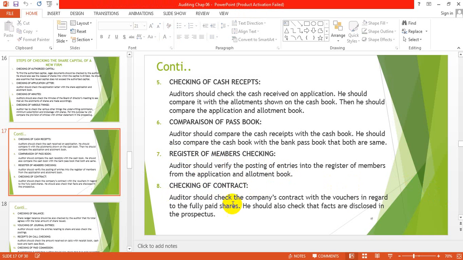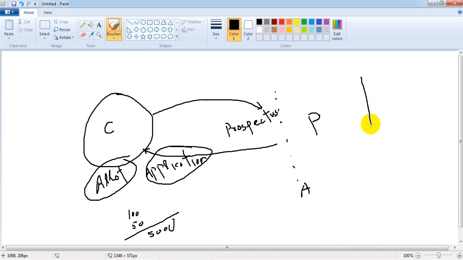Checking of contract. Auditor should check the company's contract with the vouchers in regard to the fully paid shares. He should also check that facts are disclosed in the prospectus. Now you know what a share is? A share is basically a contract.